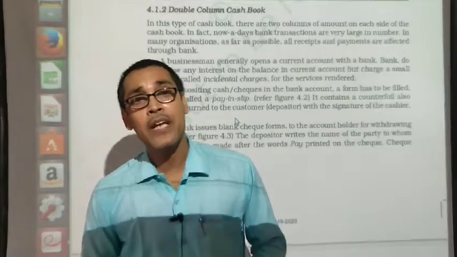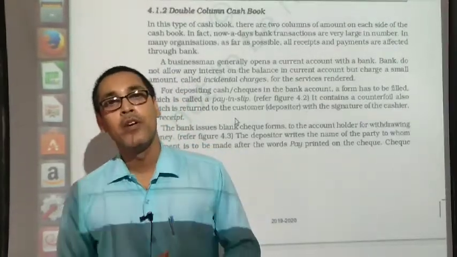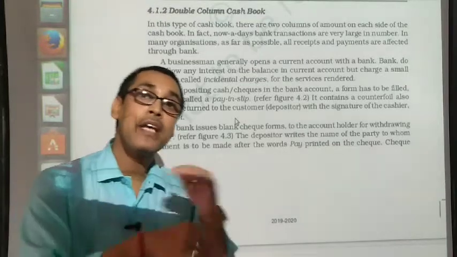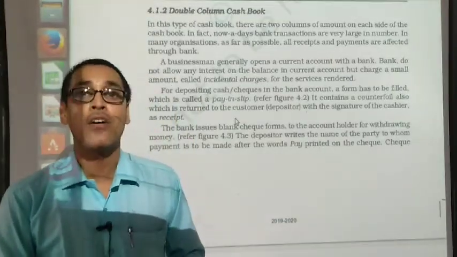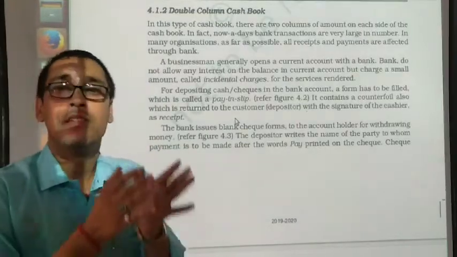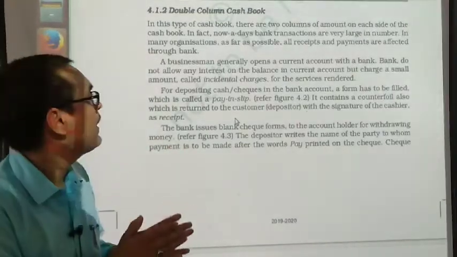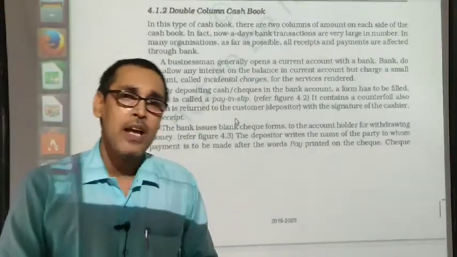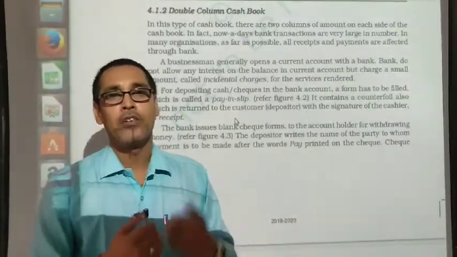Sir, why are we crediting the cash account? Because cash is reducing. And why are we debiting the bank account? Bank account is a personal account and the bank is the receiver. That's why we are doing this. In the same way, if we withdraw.